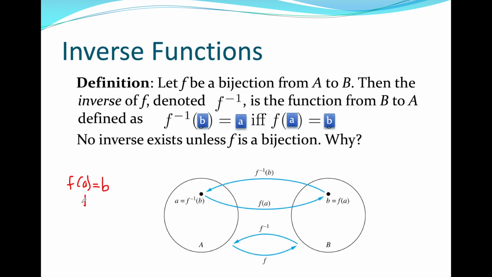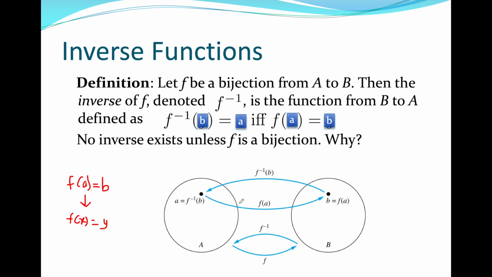Or this can also be written as f(x) equal to y. Basically, it's just the same, just the variable is changed from a to x and from b to y.